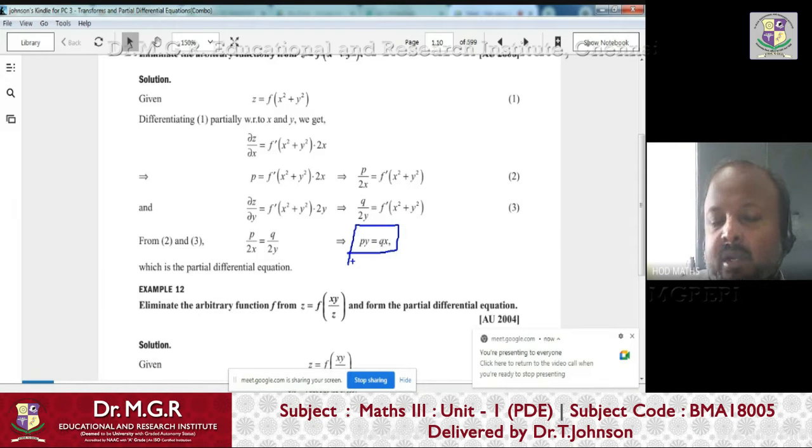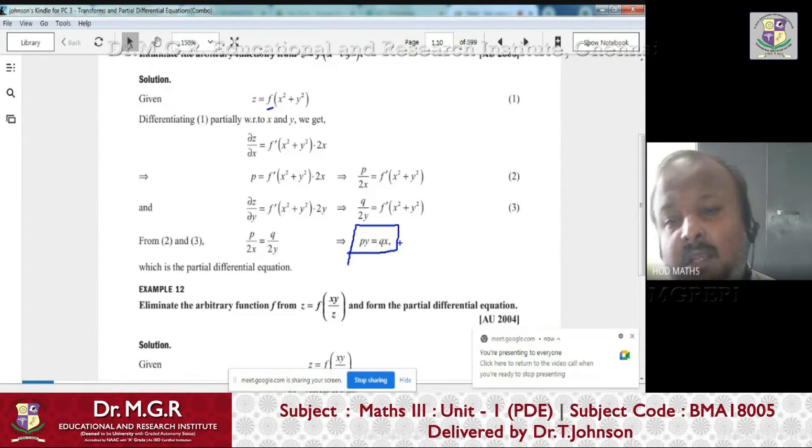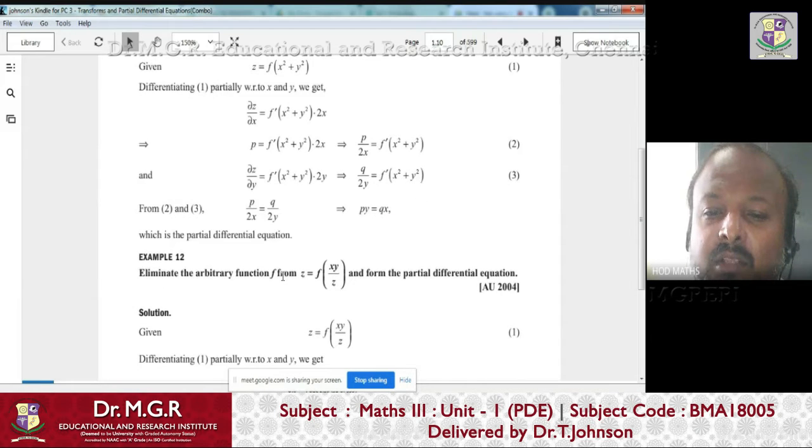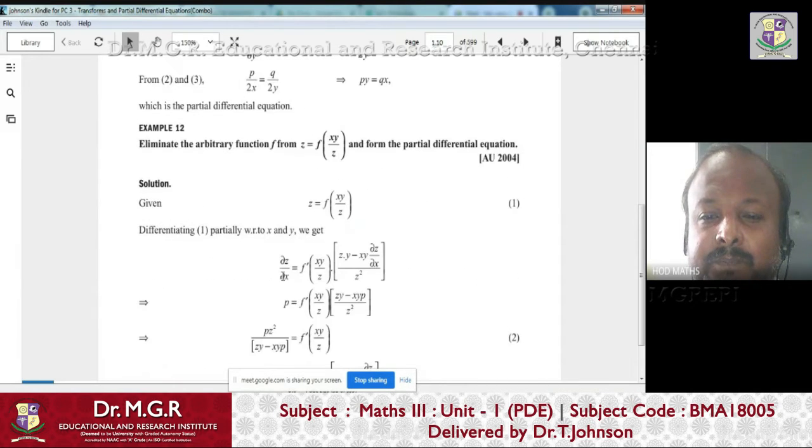But here the one important thing you have to understand: whenever an equation contains only one arbitrary function, the resulting PDE is of order 1. But there are some equations which contain more than one arbitrary function. There, the resulting PDE is of order more than 1. We will see some more examples on this.